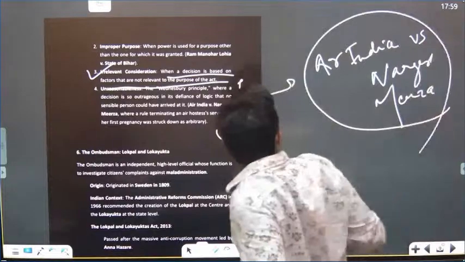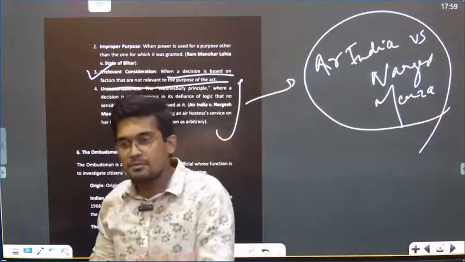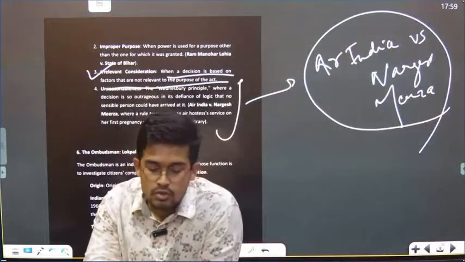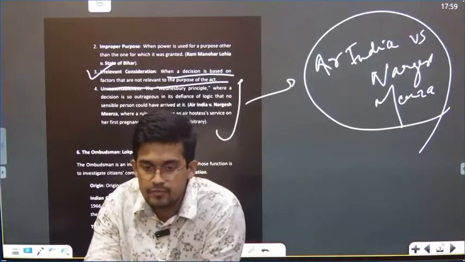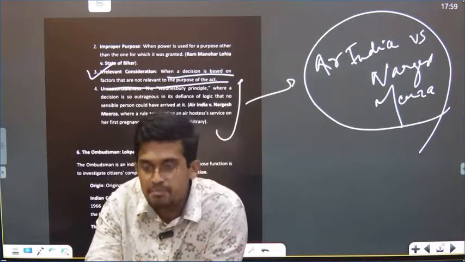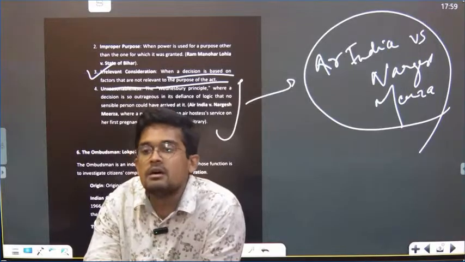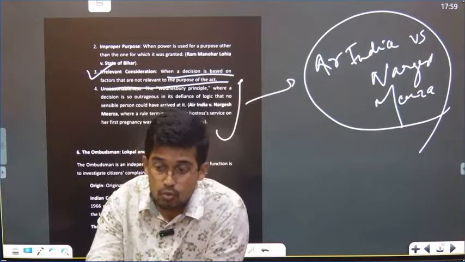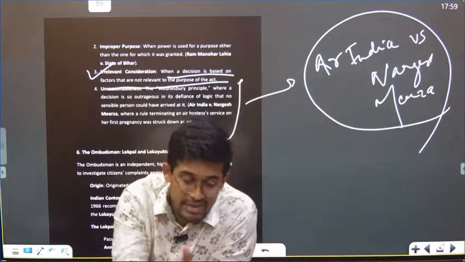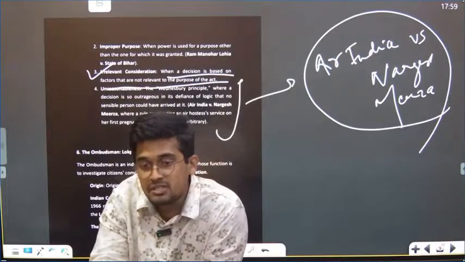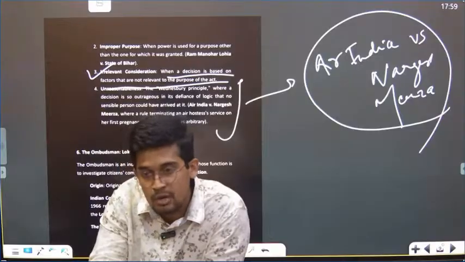During this time, Air India was a government PSU. When that air hostess became pregnant, Air India terminated her employment. The court said you cannot discriminate against women on the basis of whether somebody has been pregnant or has never been pregnant.